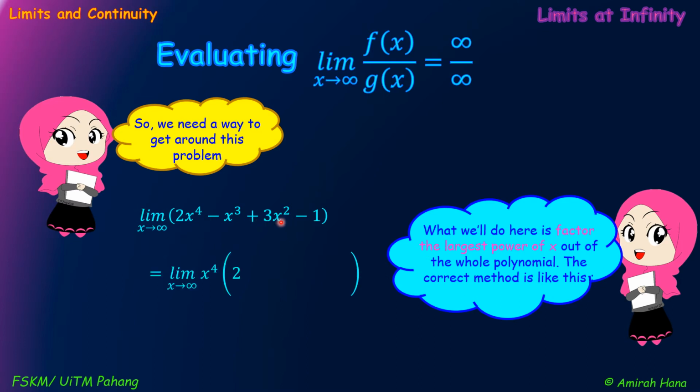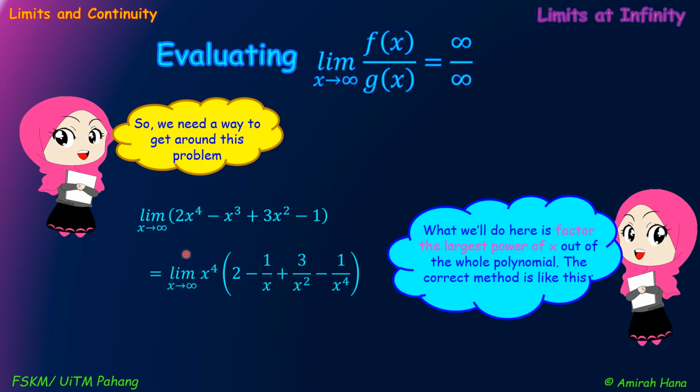We write this limit equals limit x approaches infinity x to the power of 4 times, in brackets, 2 minus 1 over x plus 3 over x squared minus 1 over x to the power of 4. From here, factor the largest power of x out of the whole polynomial means we factorize x to the power of 4, right? Which is the largest power of x, right?